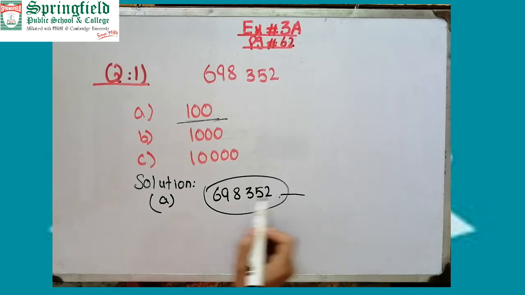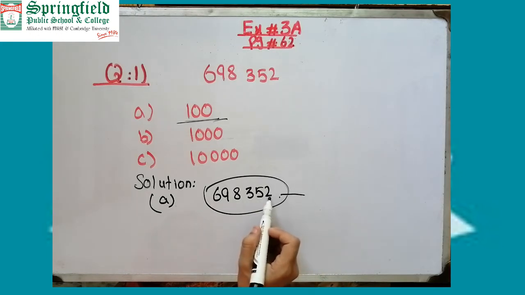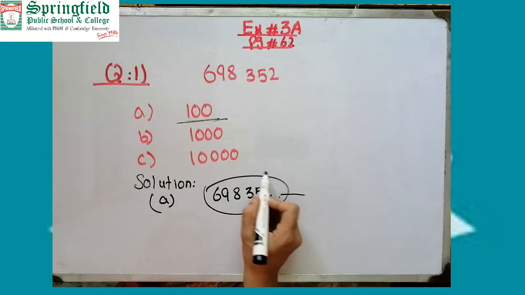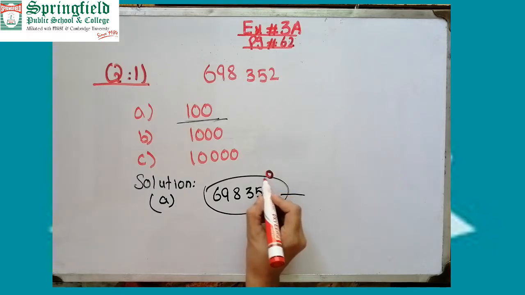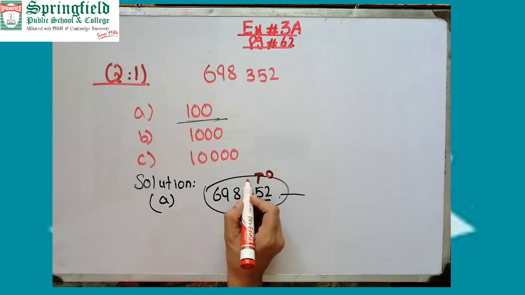This side is called the right side and this side is called the left side. So look at the 2. 2 is at the place of ones, and 5 is the place of tens, and 3 is the place of hundreds.